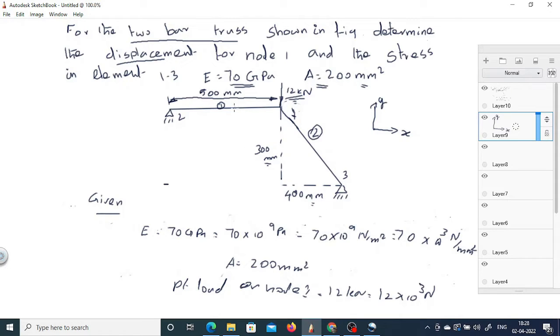We should identify clearly the node 1, node 2 and node 3 coordinates. The solution starts from identifying the coordinates. For that reason, consider node 1 as the origin.